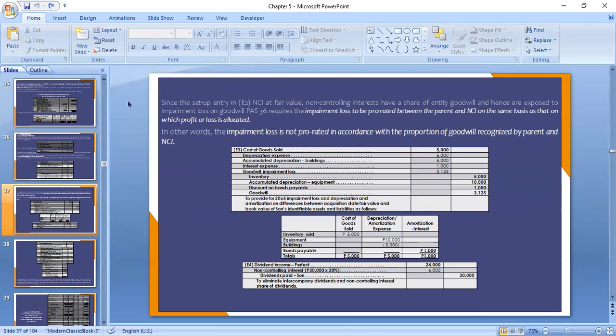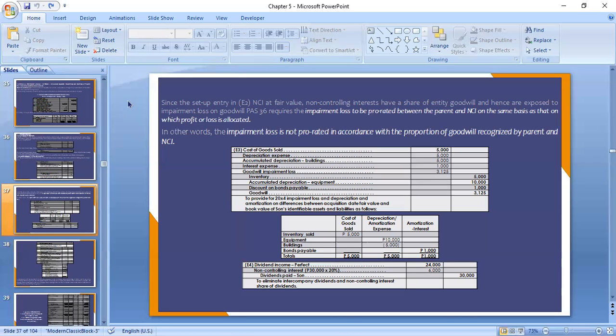PFRS 36 requires the impairment loss to be prorated between the parent and the non-controlling interest. At the same time, the impairment loss is not prorated in accordance with the proportion of goodwill recognized by the parent and NCI.